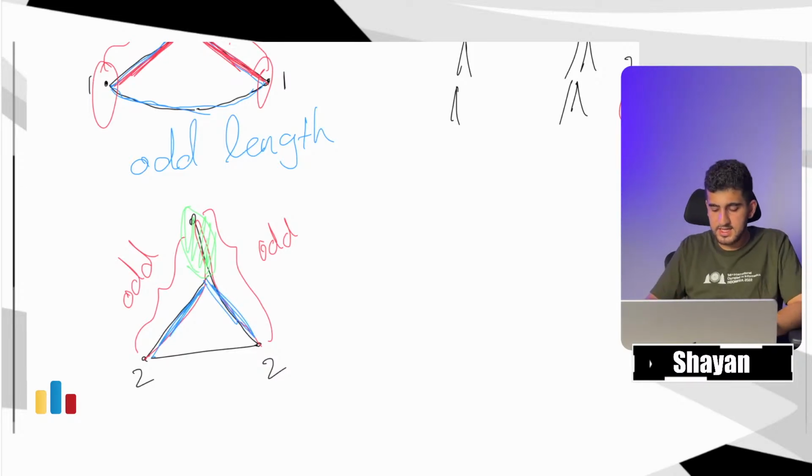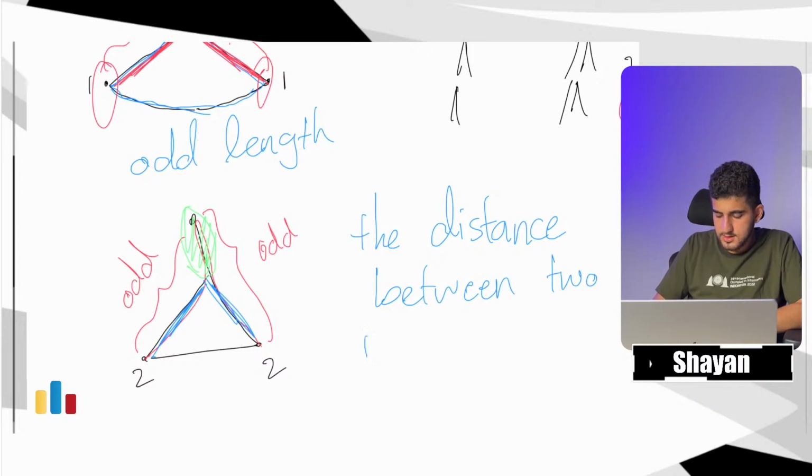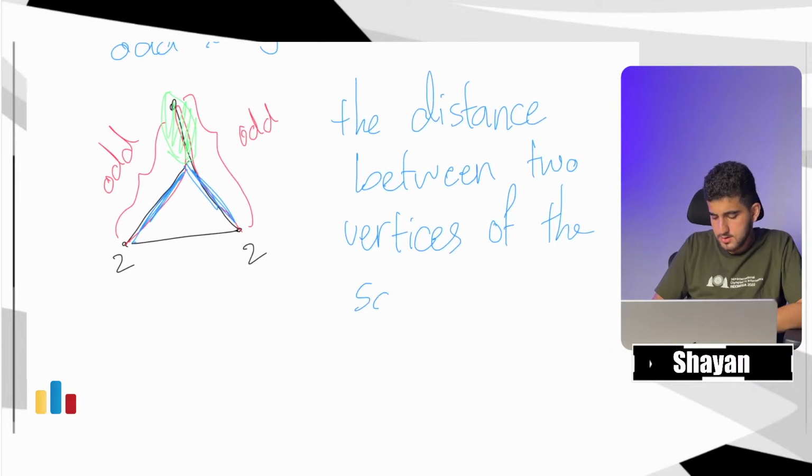So what I'm saying is that the distance between two vertices of the same color is even.